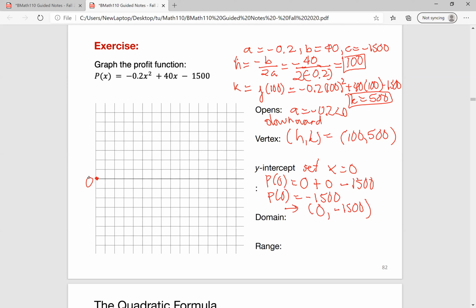So I should have each of 2, 3, 4, 5, 6. I'm going to say here is a negative 1500, so it can cover until there.